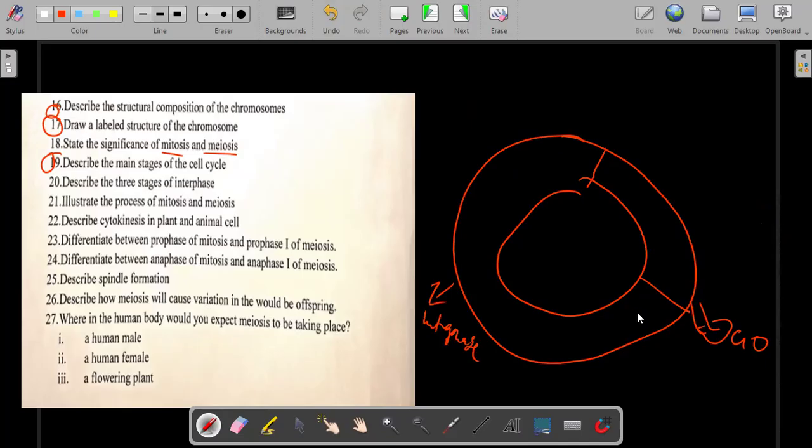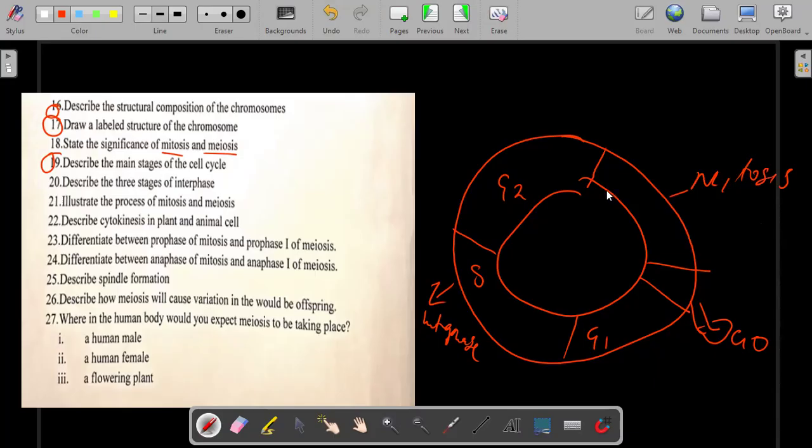In the interphase, you're going to find three phases. You have the G1, then the S phase, then the G2. From there, you're going to have the M phase, which is the mitosis phase, where the cell will divide.